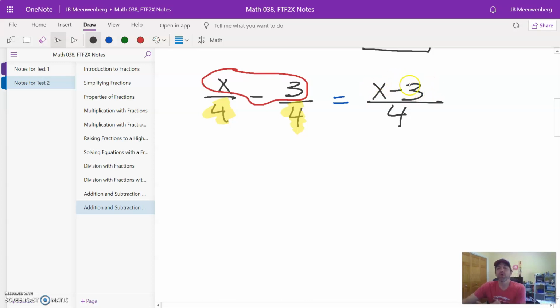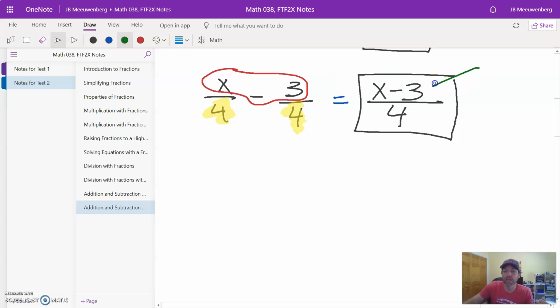This is how we would answer the question if we knew what x was. This is all you can do to simplify that expression. Combining the two fractions together in subtraction doesn't always mean that you can combine the two terms together on top. So we leave it as x minus 3 over 4.